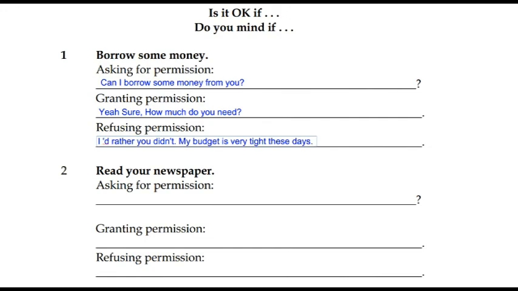Again, read your newspaper. Do you mind if I read your newspaper? No, I don't. It is used to give permission.